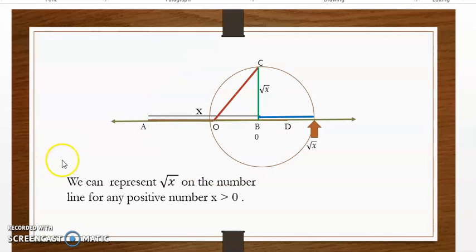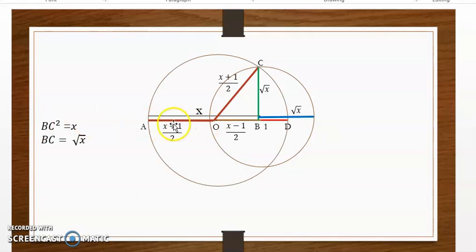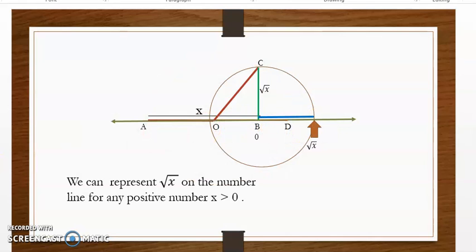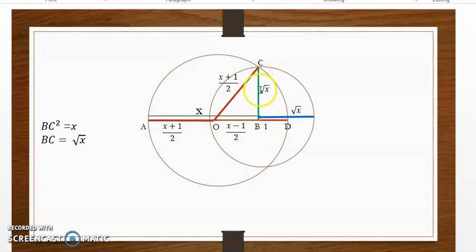I draw a number line going through the diameter of the circles, and I change the B to the 0 mark. Where the circle meets the number line, this part is root x, because we saw that this length is root x and this length is also root x.